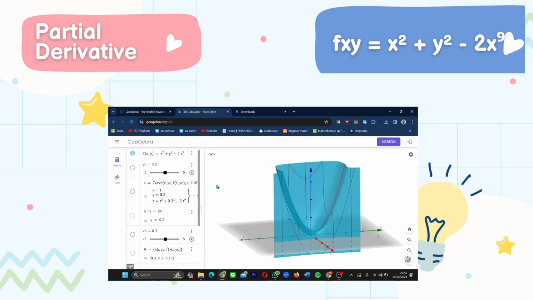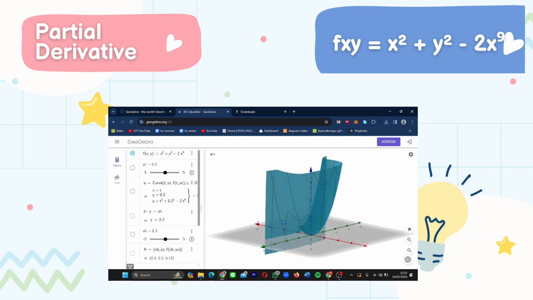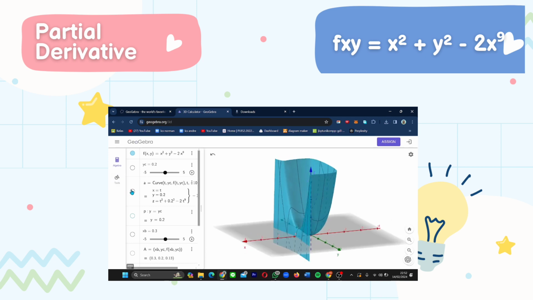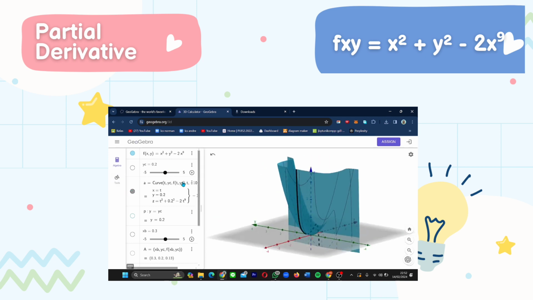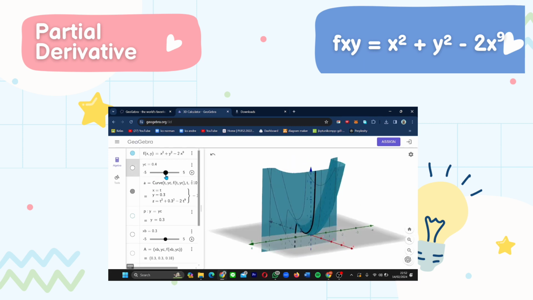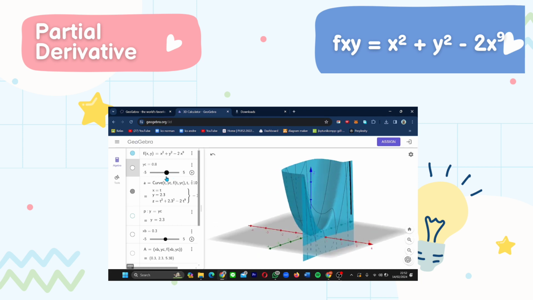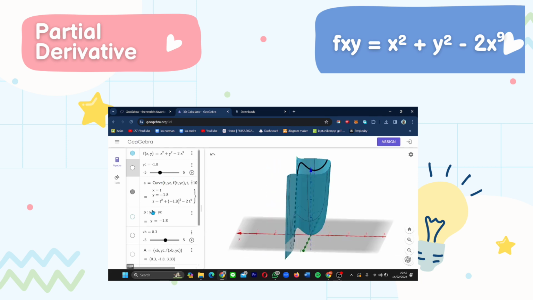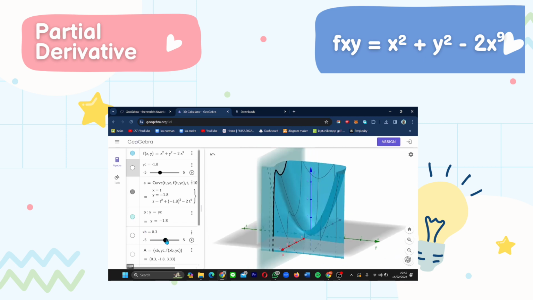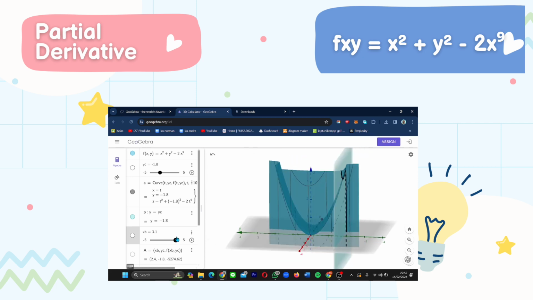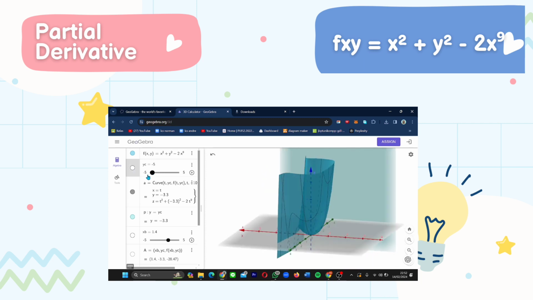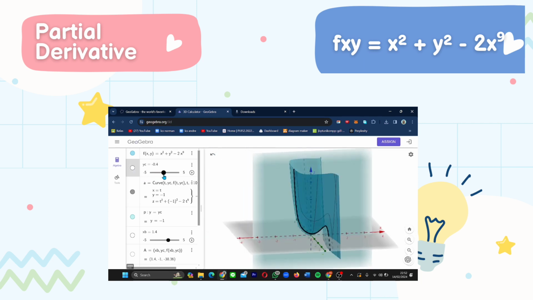Next we want to know the section, or where the line or the slope is. Here we slide every point we use in the y section, and it moves. Next is section 2. So we know the section at every point. If we slide the point here, the slide is moving too.